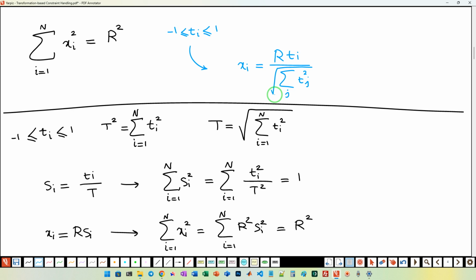We found a set of real numbers whose squares add up exactly to r squared, and this is the second method.